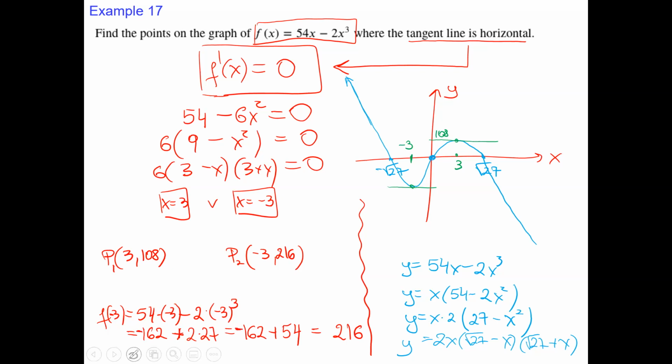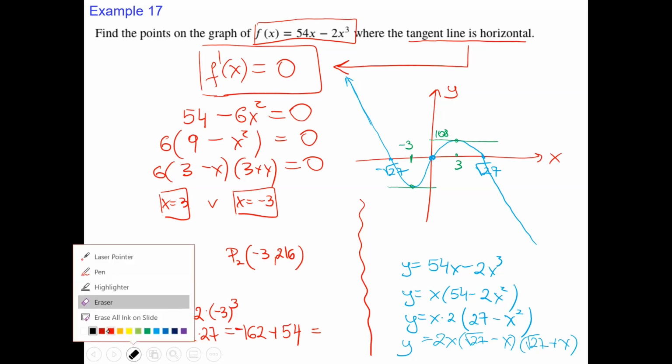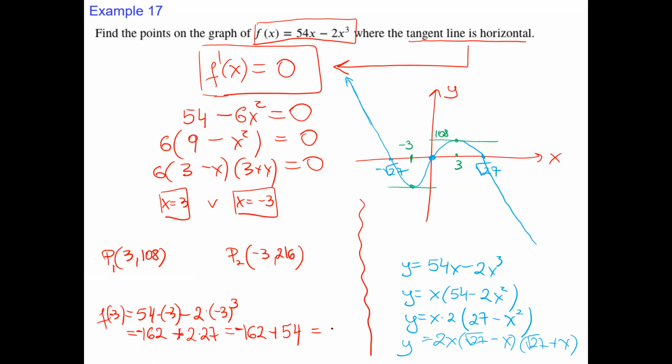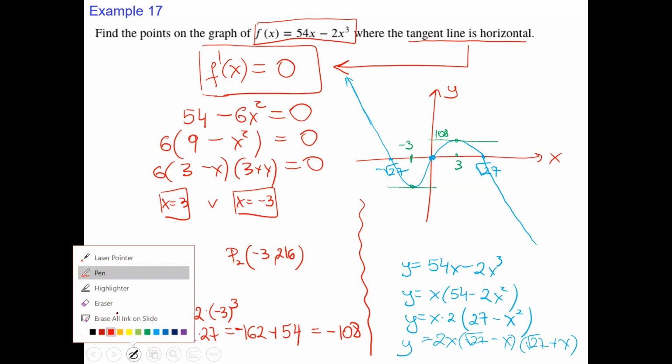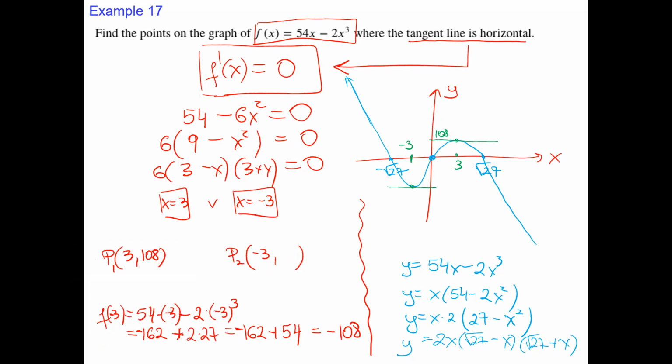It's actually the same thing, but negative, because now instead of adding and subtracting, we're subtracting and adding. -108. Oh, okay. I'm so happy that I drew the graph. Negative, let's be consistent, -108.